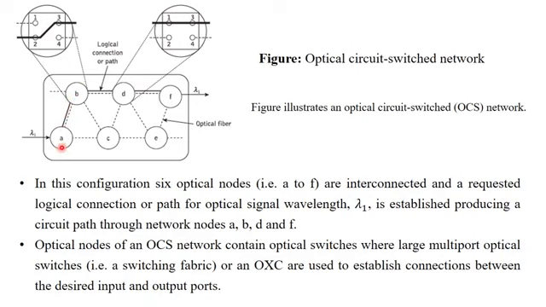Now here two nodes are being elaborated, B as well as D. Let us go through both of them. In case of B, there is an optical cross connection happening. That means the data enters through port 2 and it will be switched to port 3 before it is transmitted.